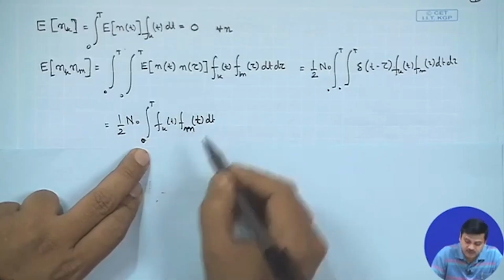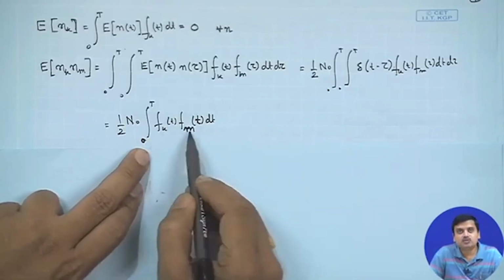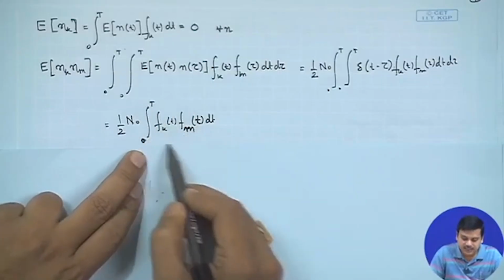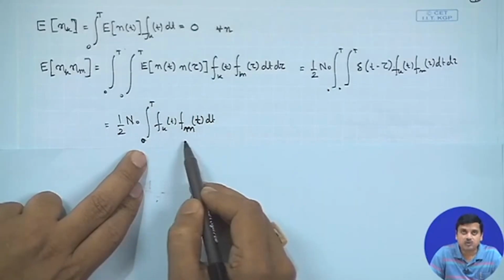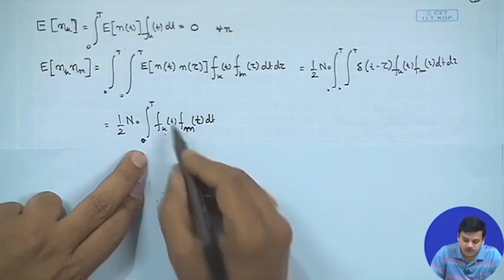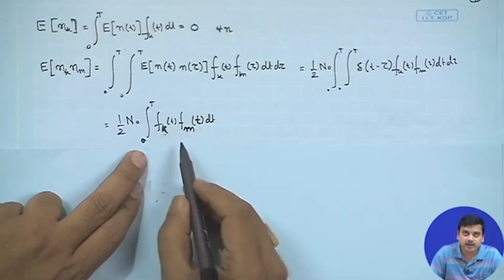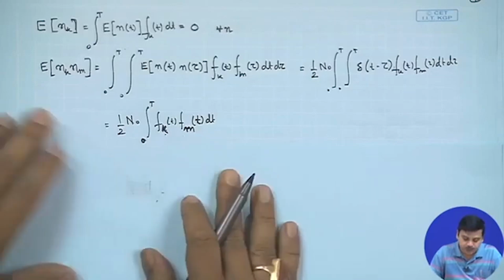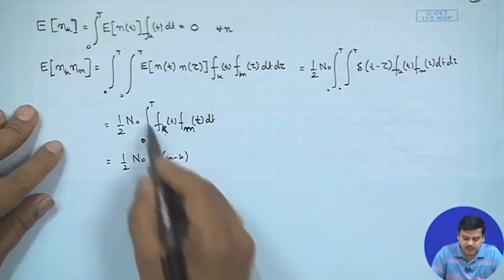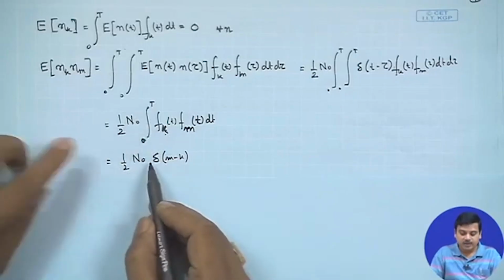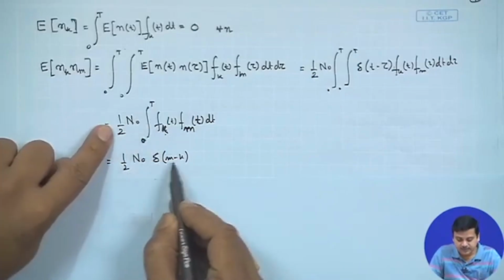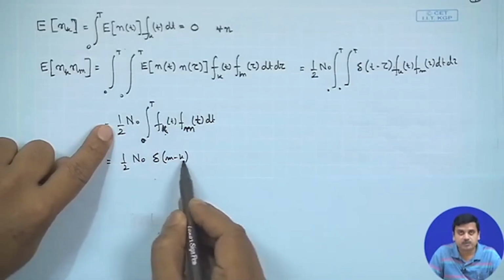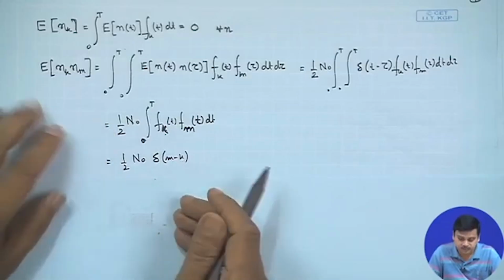Now, you can easily recall that since these two are designed to be orthonormal basis functions, this integral will be equal to 0 for k not equal to m and equal to 1 for k equal to m. So this can be represented as half N naught times delta m minus k, which is equal to 1 for m equal to k and 0 for m not equal to k.